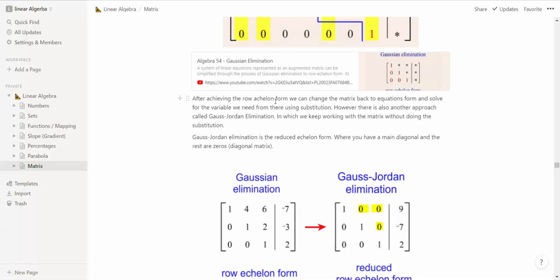Assuming the row echelon form, change the matrix back to equation form and solve for the variable we need using substitution. However, there's also another approach called Gauss-Jordan elimination, in which we keep working with the matrix without doing the substitution. It is just echelon form where you have the main diagonal and the rest are zeros.